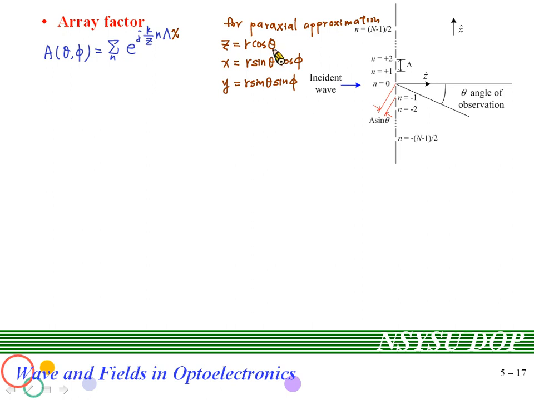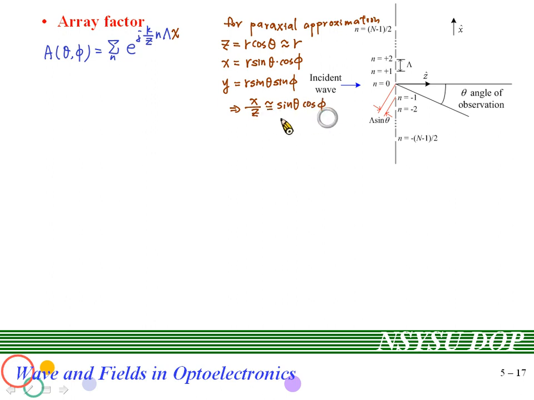This means that the theta value will be very small. As theta is very small, cosine theta will be approximated to be 1. So this value z will be approximated to be r if we consider the parallel approximation. So we can say that under the parallel approximation, the x over z can be approximated to be sine theta times cosine phi.